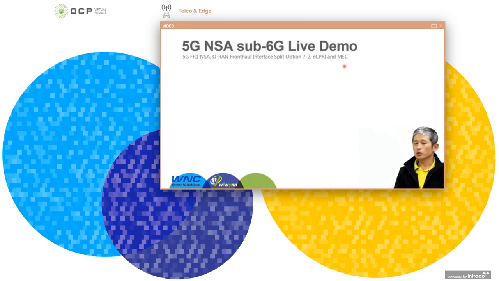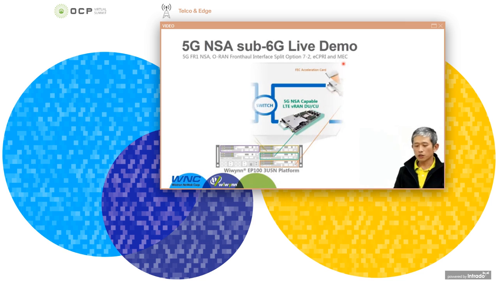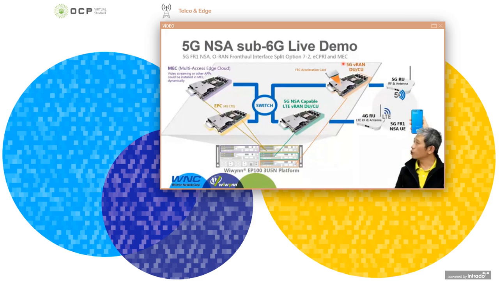We take the 5G FR1 NSA mode following the ORAN fronthaul interface split option 7.2 with EPC and MAC. Of course, we start with an EP100 system and try to fully utilize this hardware. This is the end-to-end live demo topology from user equipment to EPC, then to the application MAC.